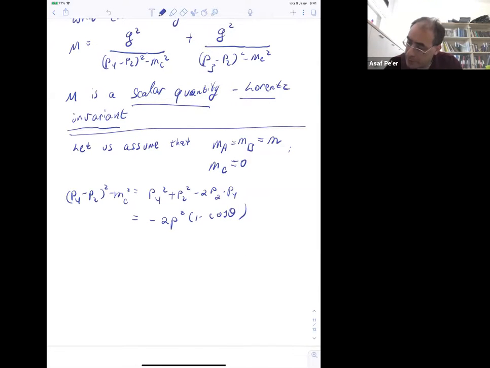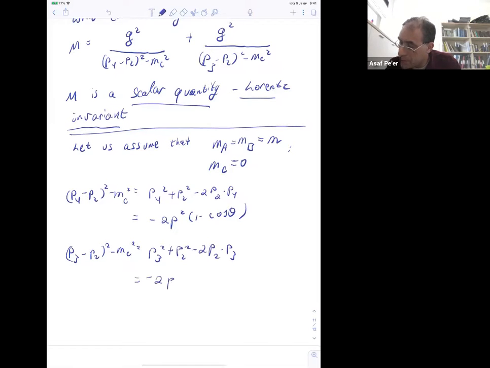And then P3 minus P2 squared minus MC squared is, of course, P3 squared plus P2 squared minus 2 P2 dot P3, which is just minus 2P squared times 1 plus cosine theta.